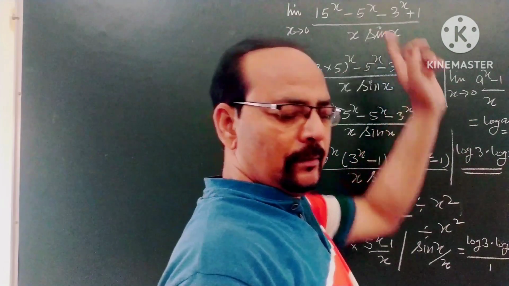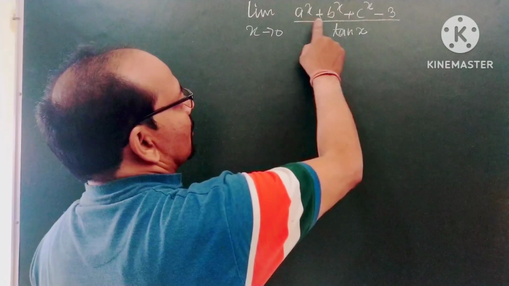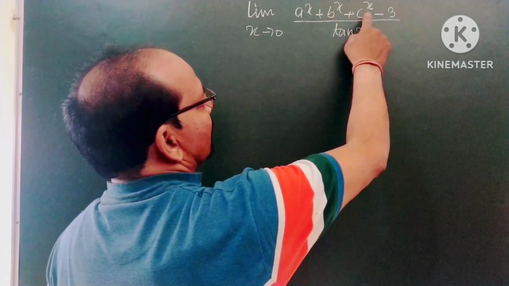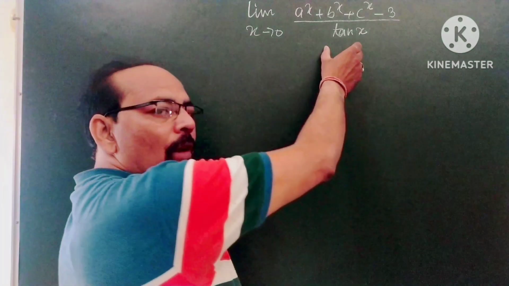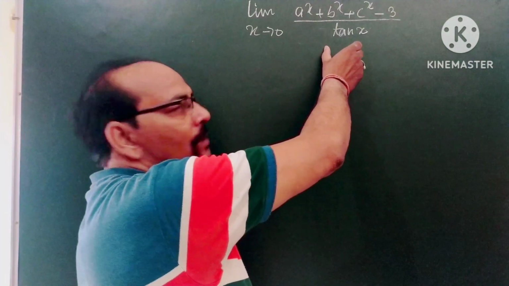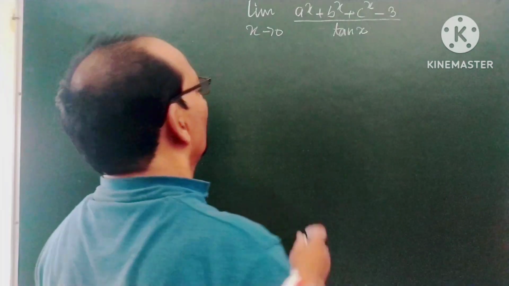Next question is to find the limit of (a^x + b^x + c^x - 3) upon 10x. This is the form of an exponential function, therefore change it into the formula form.